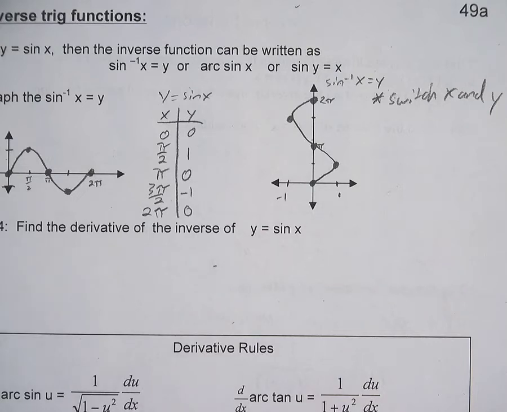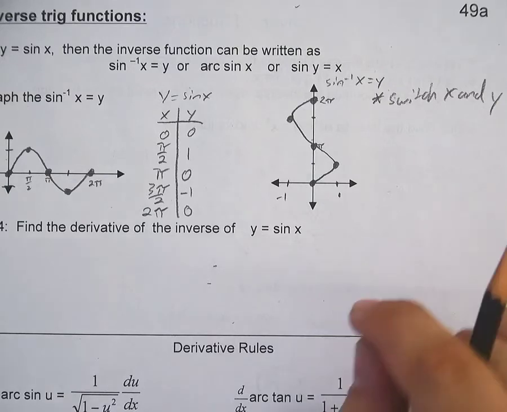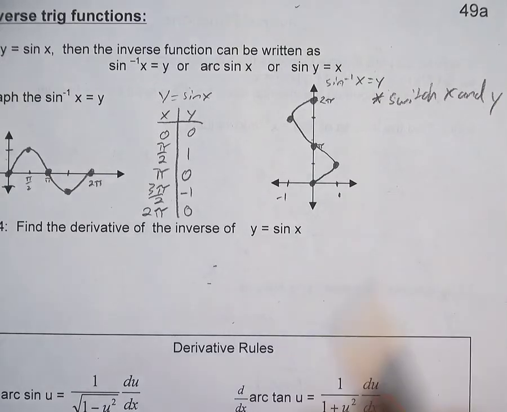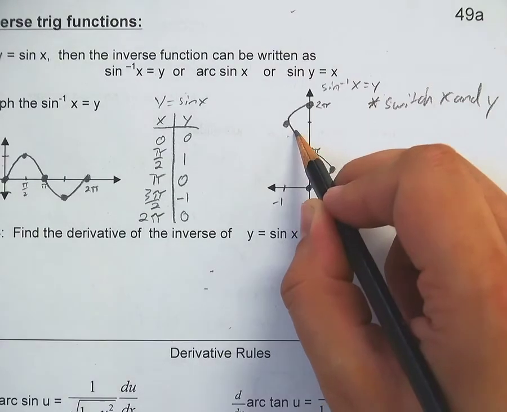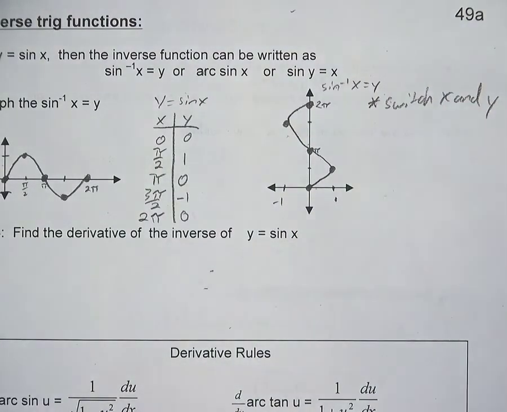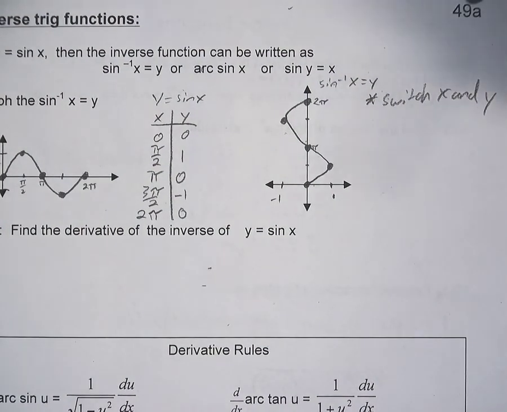Now, there is a problem with this one though. There's a problem because I can't repeat something that's not a function. So if you notice, this part right here overlaps with this, and this part here overlaps with this, which fails the vertical line test, makes it not a function. And I can't have that.